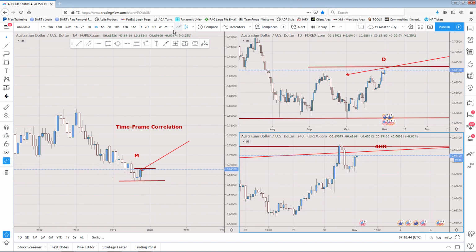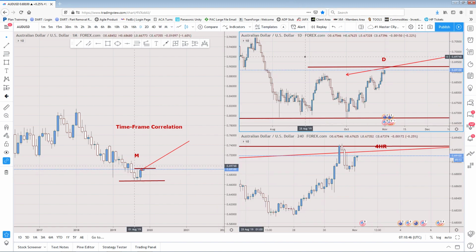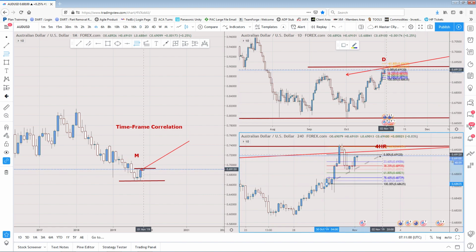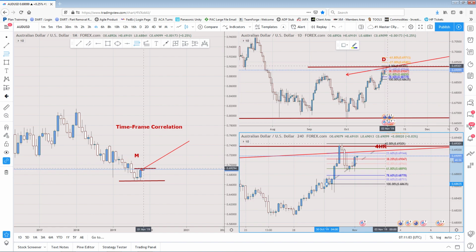So let's pull out our fibs tool and see what we see. We're seeing an uptrend, it came down a bit, an uptrend, it came down a bit. So let's just run our fib tool from here to here.